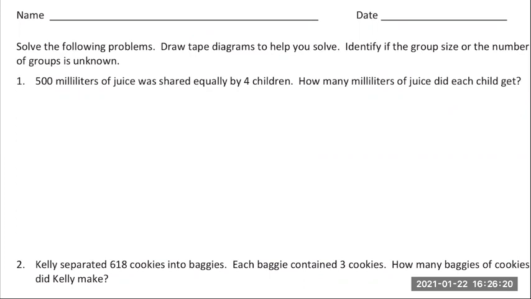So I can easily picture what this problem is asking because I can make an image in my mind because I can see the juice and I can see the 4 kids, right? So we know we have 4 kids. There's 1, 2, 3, 4, and then I'm going to draw my juice.